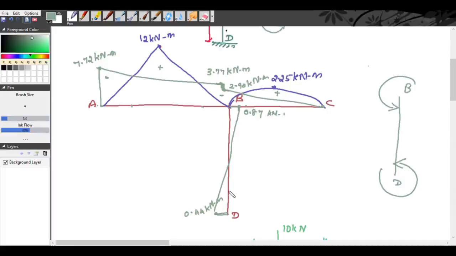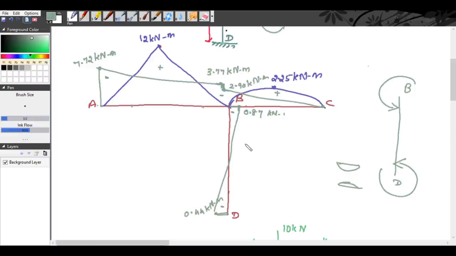So this means here you have a negative bending moment. In here you have a negative bending moment. So how will you draw the deflection diagram? See here, this is sagging and this is hogging. So you can consider this sagging or hogging from which side you view it.